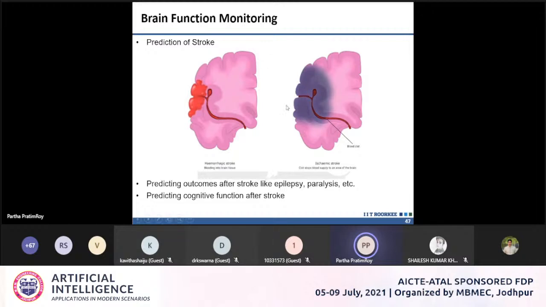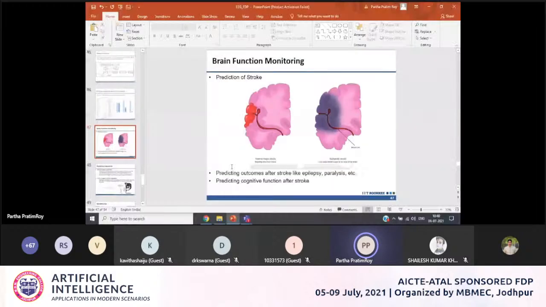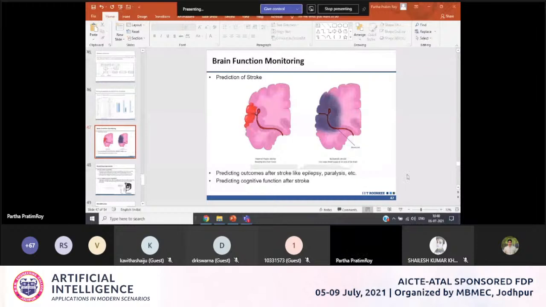For example, prediction of strokes, which happen because of a blood clot or different behavior. Actually, I am also not an expert in this. One need not be an expert in the healthcare sector, but if you record EEG signals and have this data set, you can use the machine learning paradigm to see whether you can really decode.